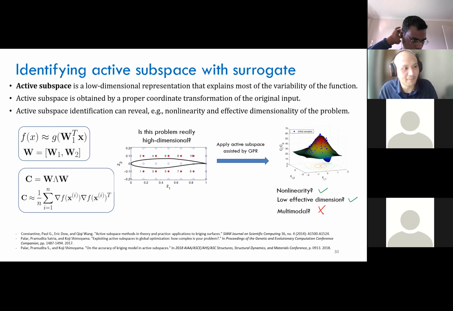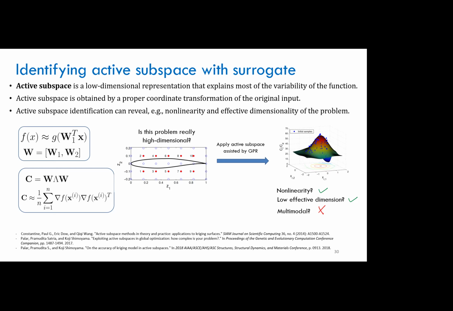I also know that the problem has low effective dimension, meaning it is less complex than what I thought. And finally, it's unimodal, so I don't really need a multi-step gradient optimization. Although I know that some people use this information to build a surrogate model in the reduced design space.